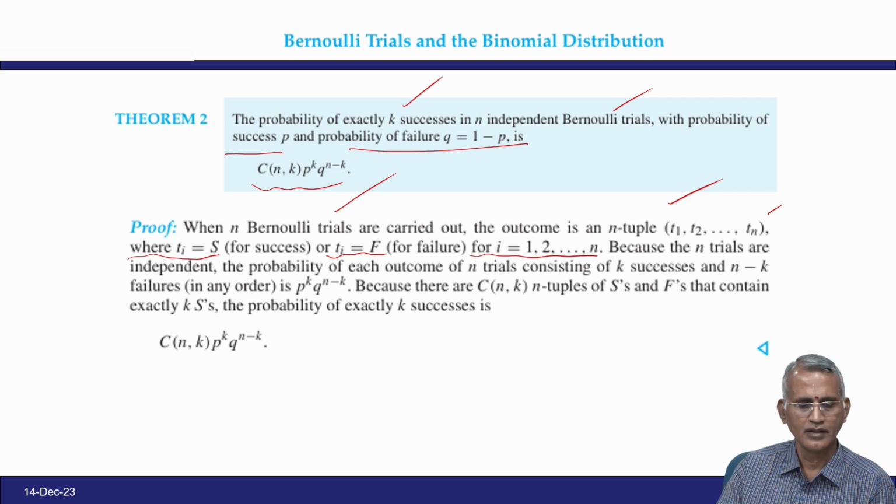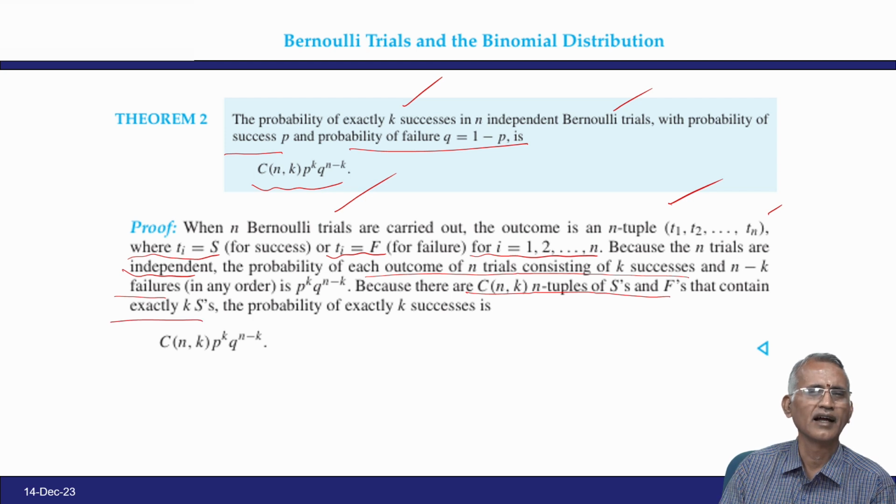Because the n trials are independent, the probability of outcomes of n trials consisting of k successes and n minus k failures is p power k into q power n minus k, because there are nCk n-tuples of success and failure that contain exactly k S's. So, the probability of k successes is nCk into p power k into q power n minus k.